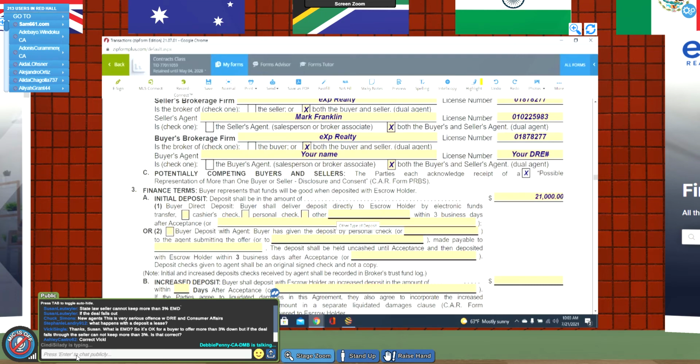"Can you run this over to the contractor?" "I can't be there for the home inspection, but if I give you the check, would you give it to the home inspector?" No, no, no. Don't do it. There are no exceptions to this rule.